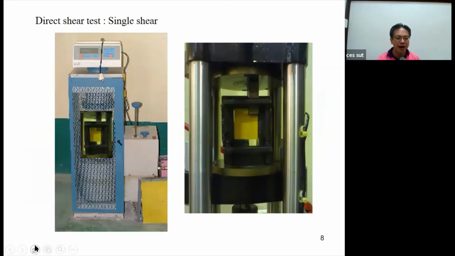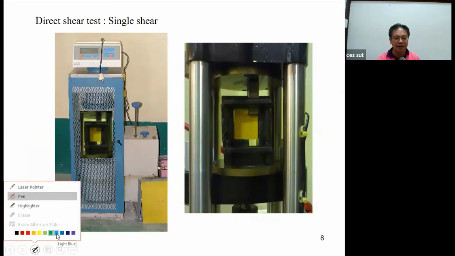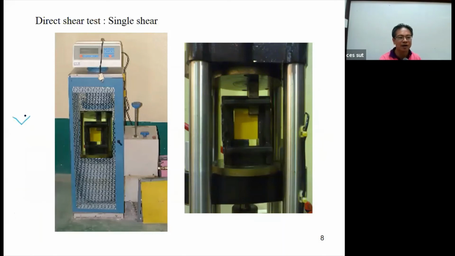wood, you will have the specimen in a form like this. You must measure all the dimensions of the specimen, and after you measure it, second, you weigh it.